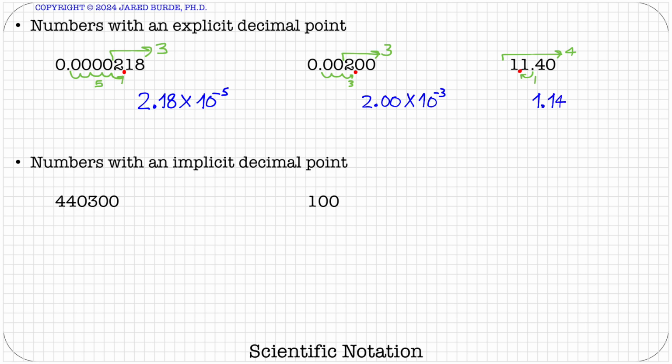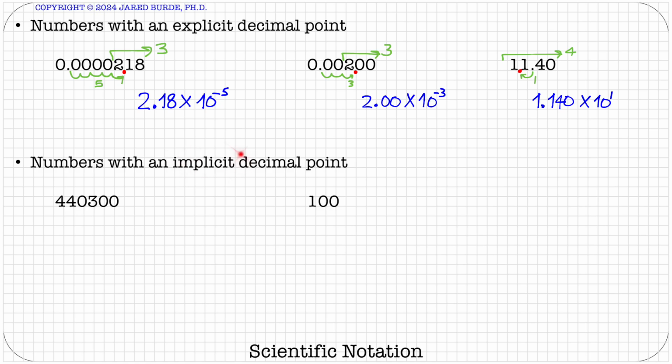And so we're going to have a positive exponent, a positive power of 10, to counteract that effect. So we move the decimal place to the right, and we got negative exponents. We move the decimal place to the left, and we got a positive exponent in that case. We have the same number of significant figures as we had in the original number.